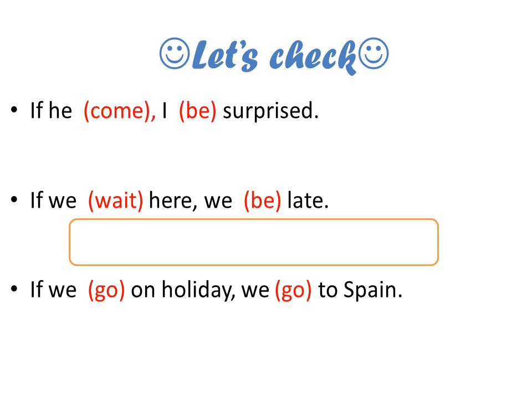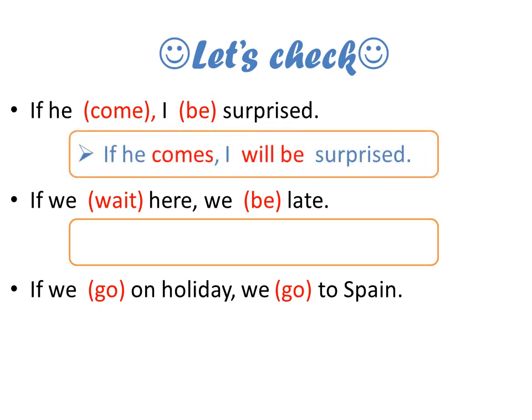So the first one, as we said, if plus simple present plus will plus bare infinitive. So if he comes, I'll be surprised. Present simple, will plus bare infinitive. If we wait here, we be late.